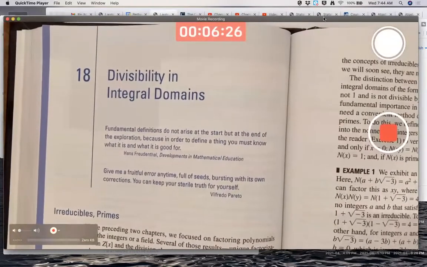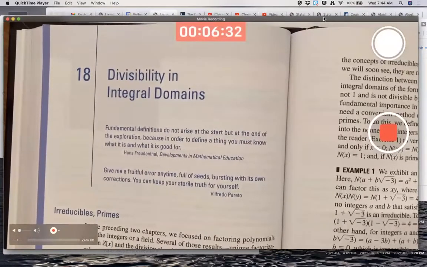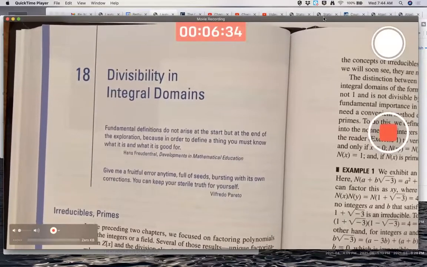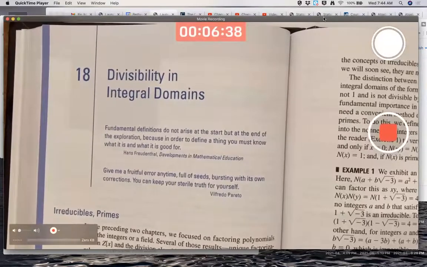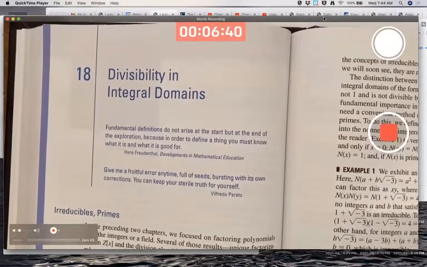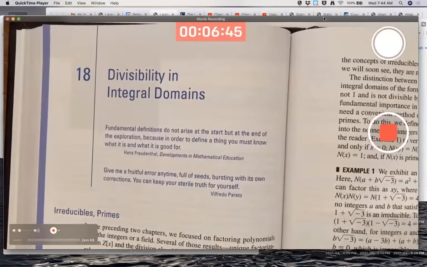And big picture wise, you're trying to see what you can say about generalizing things like what is a prime, what does unique factorization mean, to arbitrary integral domains. Okay, and again, remember what an integral domain is.